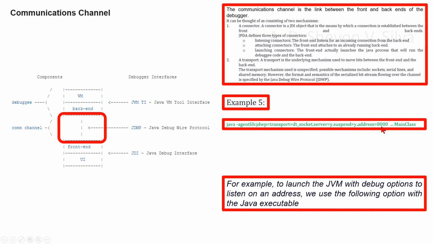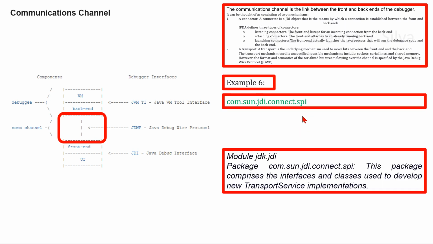As an extension, here we are considering the package com.sun.jdi.connect.spi in module jdk.jdi. This package comprises the interfaces and classes used to develop new transport service implementations.